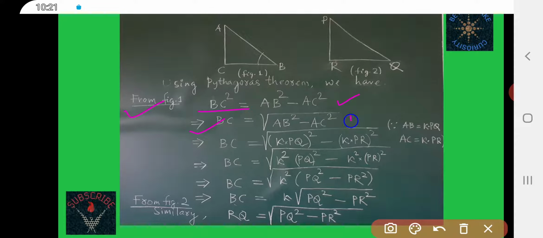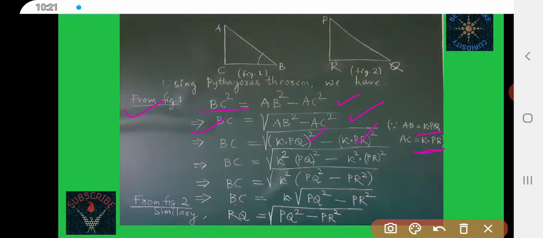Now you write in the place of AB, K into PQ, and in the place of AC you write K into PR.